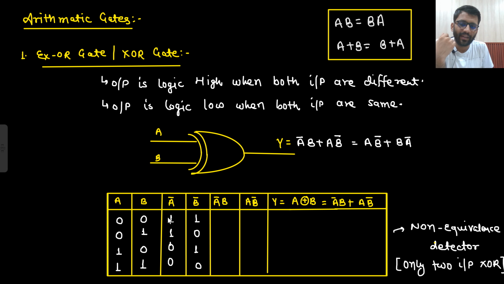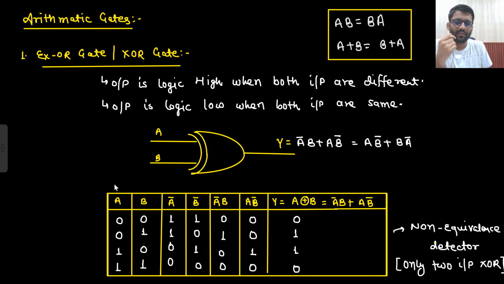Now I am doing A bar into B: 1 into 0 is 0, then 1, 0, 0. Then A into B bar: 0, 0, 1, 0. Now we need to add them up. I need to add both of them: 0, 1, 1, 0.